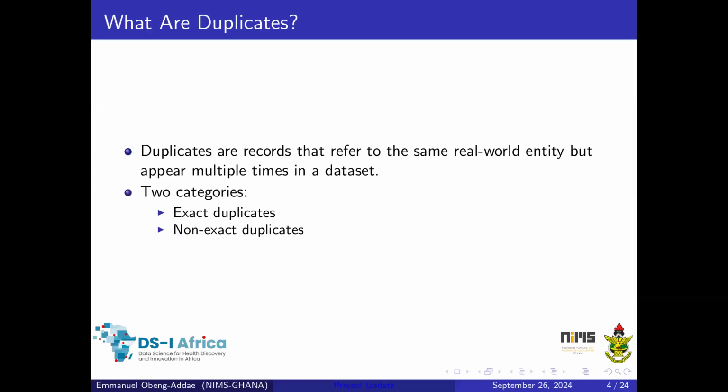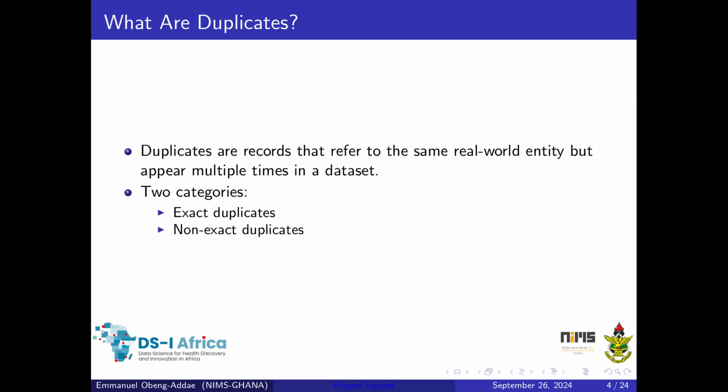And usually there are two categories. So there are exact duplicates and non-exact duplicates. When we talk about exact duplicates, we are talking about records that contain exactly the same information across all fields that appear multiple times. Those are exact duplicates. And with non-exact duplicates, we are looking at records that refer to the same individual but may contain differing information.